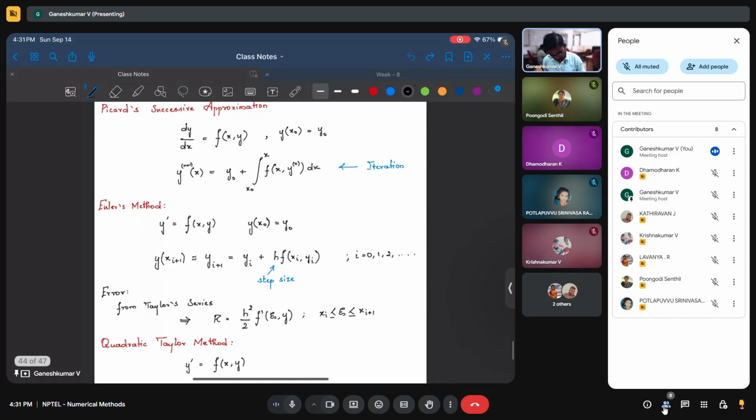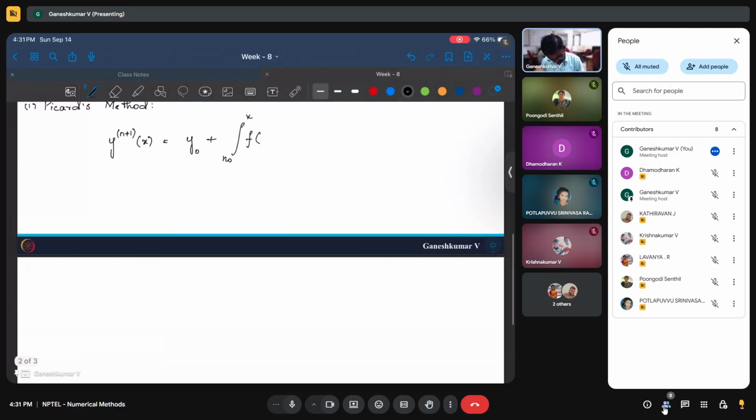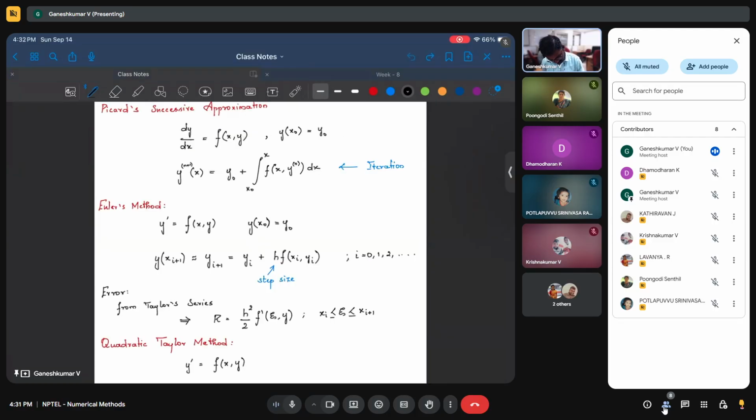It's a successive approximation method, where you write this as your iterative function: y at the (n+1)th iteration of x is equal to y naught, the condition that has been given, plus the integral from x naught to x of f of x and y at n of x, dx.